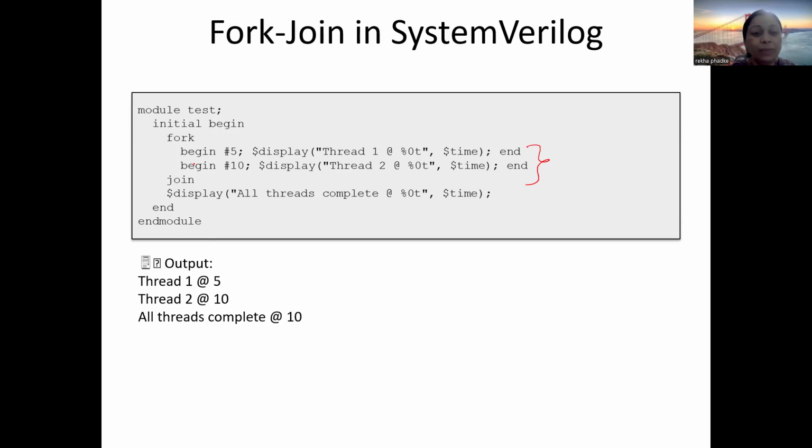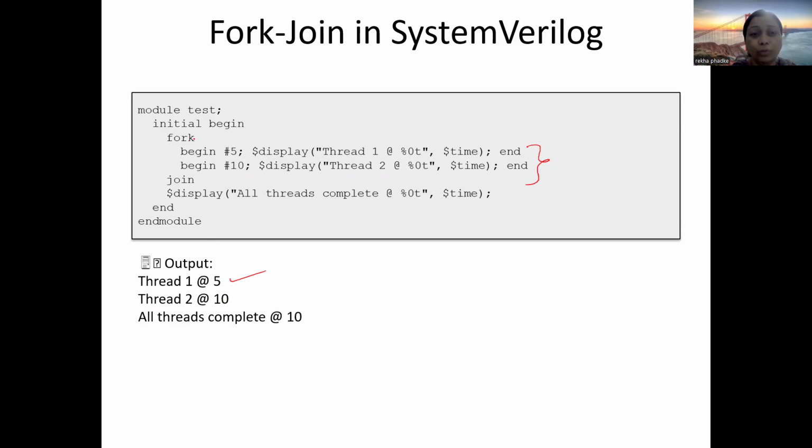First one will be thread 1 at 5, displayed with the $display command. Then we have one more $display, thread 2, after 10. So it's concurrent: this will happen at 5 and this will happen at 10, because they execute concurrently inside the fork join.